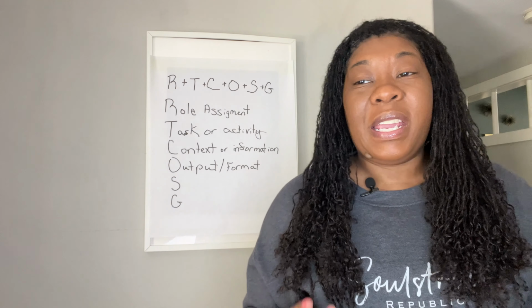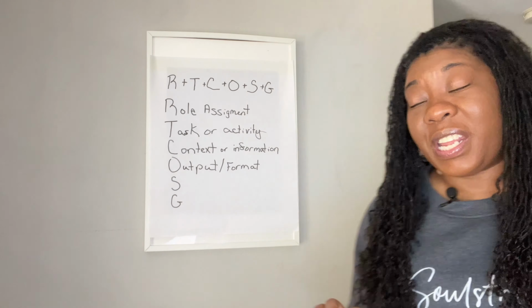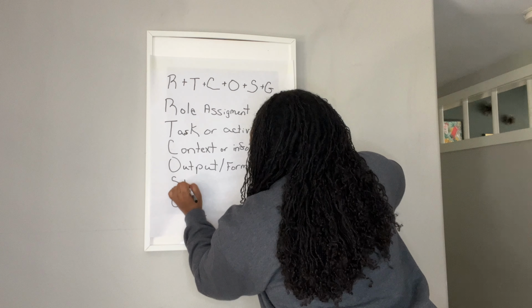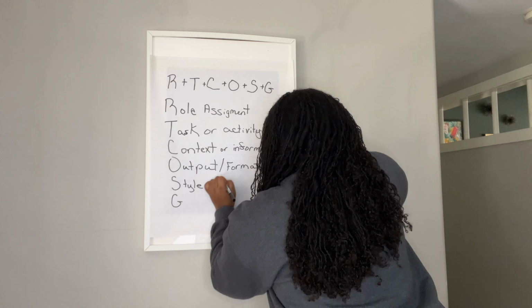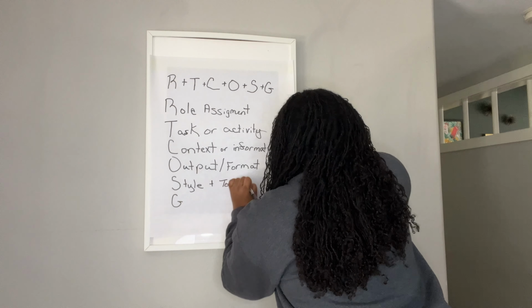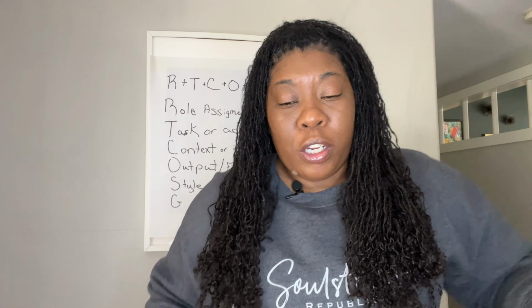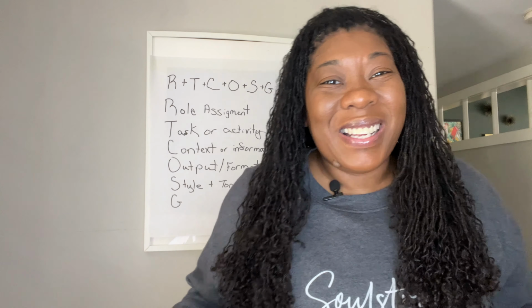Now let's go ahead and get to the next component, and this is going to be the S, which stands for styling and tone. So this is going to be your writing style plus the tone of voice. So you know how when you ask ChatGPT certain questions, you kind of get the same bland robotic response, and ChatGPT is like, so in the digital space, it is crucial that you XYZ, right?